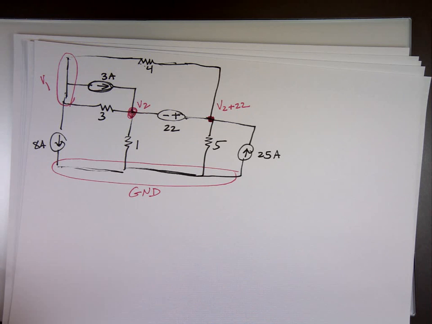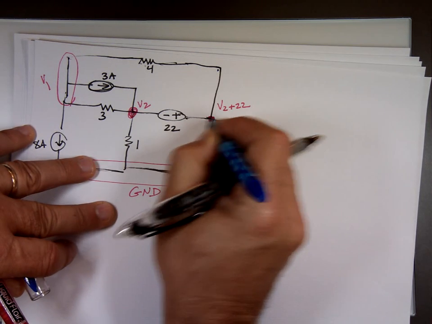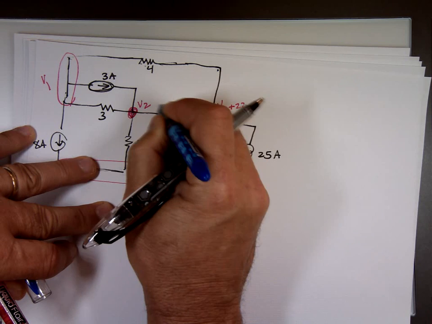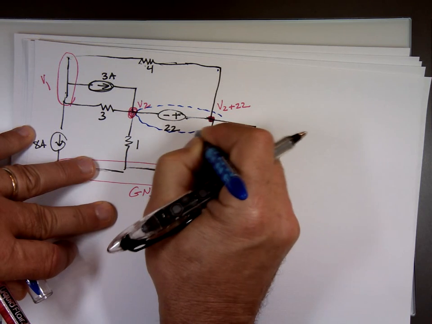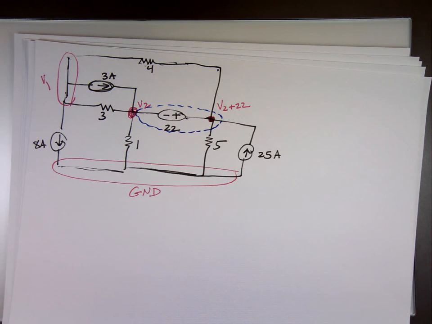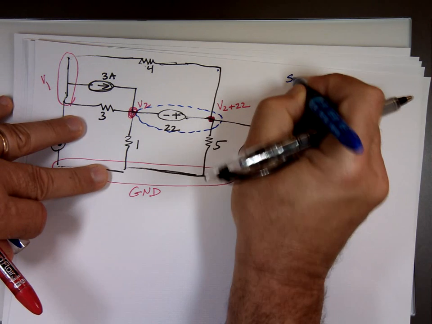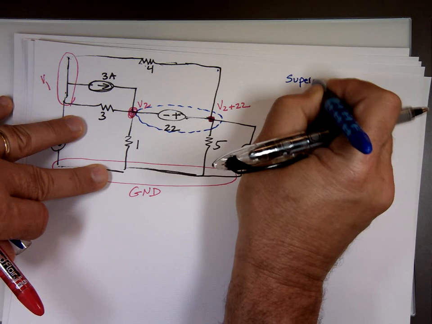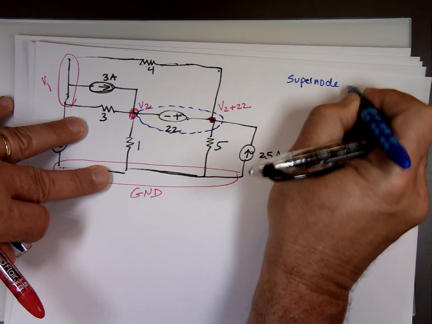Now, this whole thing will be treated as what we call a supernode. That node here is considered one node. All of that. You see the dotted line with the circle, that's a supernode now.